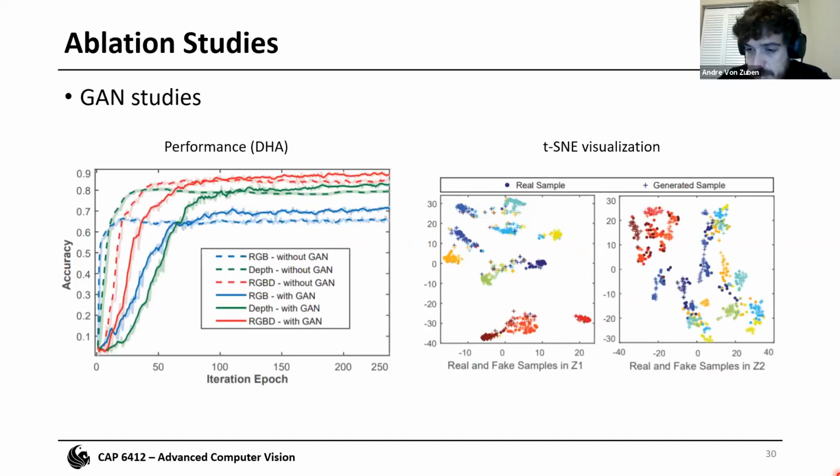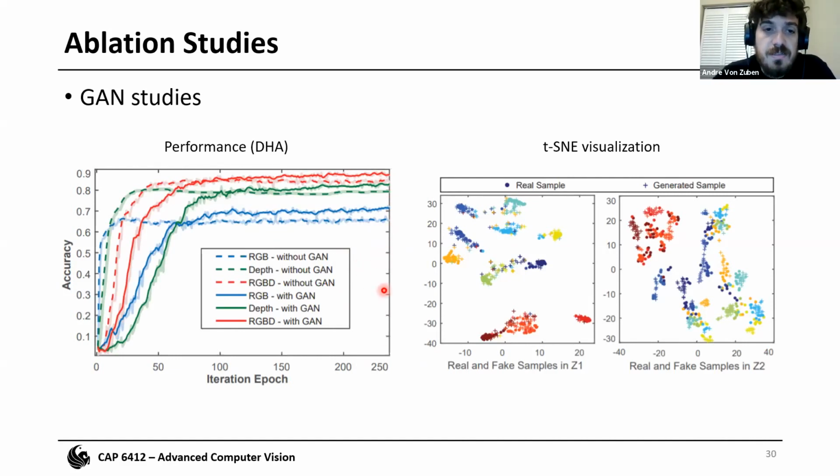So they also performed some generator studies where they evaluated their model accuracy with and without the GAN part. They are testing both single views and multi-views, and we can see that in all scenarios the accuracy with GAN is much better than without GANs.